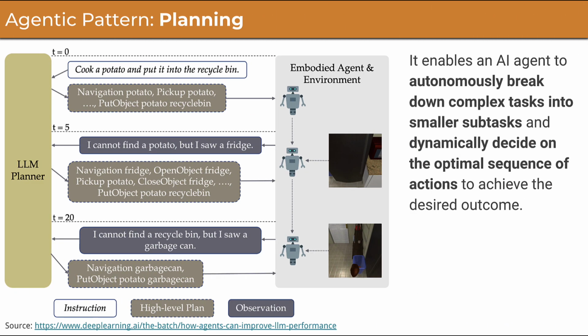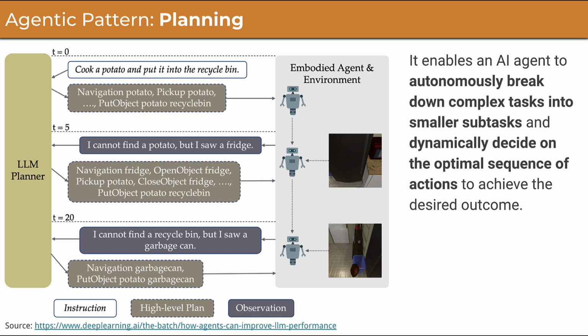The planning pattern enables the AI agent to break down complex tasks into smaller, manageable subtasks. The AI dynamically decides the best sequence of actions to achieve the desired outcome. For example, if the task is to cook a potato and put it into the recycle bin, well, that really makes sense, right? The AI planner in this case will break down these tasks into multiple steps: navigating to the potato, picking it up, and placing it in the recycle bin.